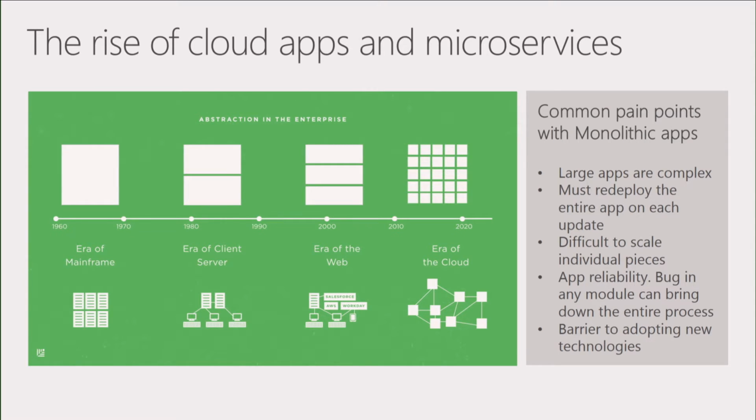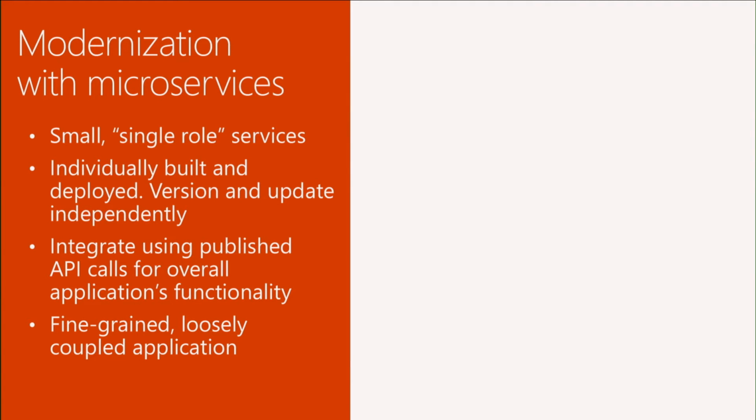If there is a bug in one area of your application, maybe in the middle tier there's a memory leak or something, that could take down the entire process, if not the entire application. So your application overall is more susceptible to failure, which has led to new application models, or this concept of microservices, which is all about creating small single-role services.